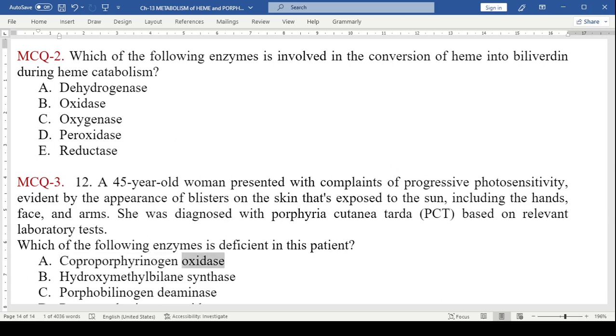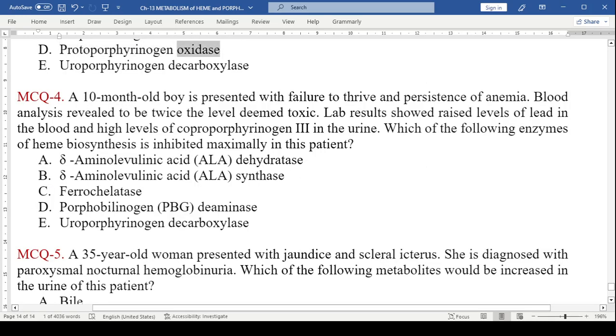Coproporphyrinogen oxidase, hydroxymethylbilane synthase, porphobilinogen deaminase, protoporphyrinogen oxidase, uroporphyrinogen decarboxylase.